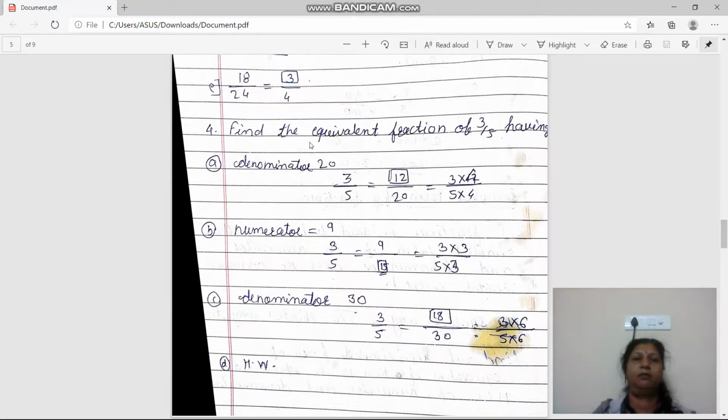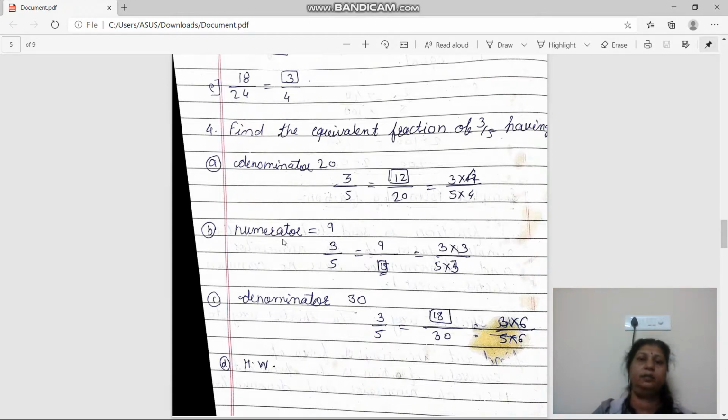See here, find the equivalent fraction of 3 upon 5 having denominator 20. 3 upon 5, the denominator becomes 20, so it should be multiplied by 4. 5 4s are 20, so 3 4s are 12.